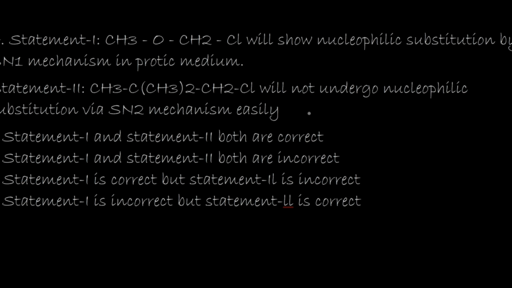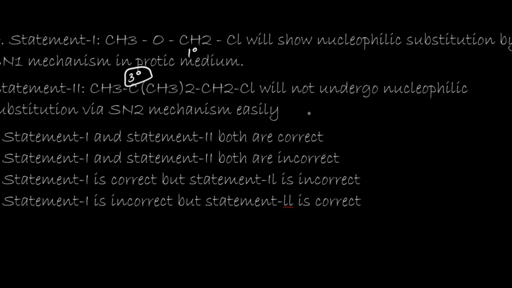And in the statement given, this is a tertiary carbon, point to be noted, which will not undergo nucleophilic substitution via SN2 mechanism easily. So which is correct? This is a primary carbon, will show nucleophilic substitution by SN1 mechanism in protic media. Is it right?